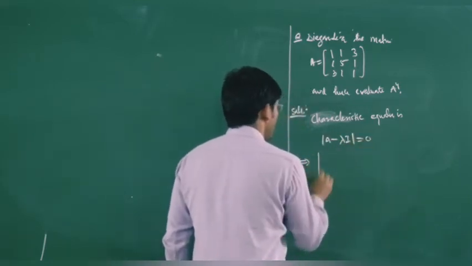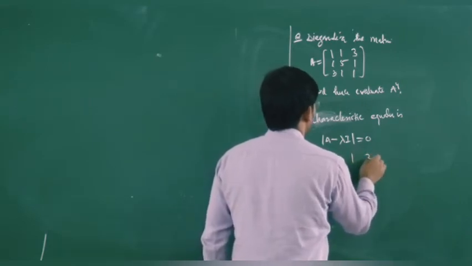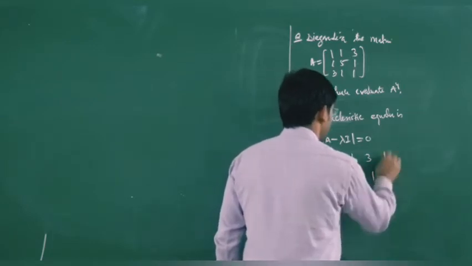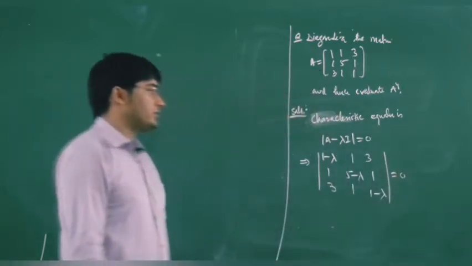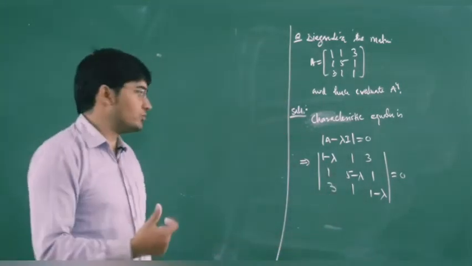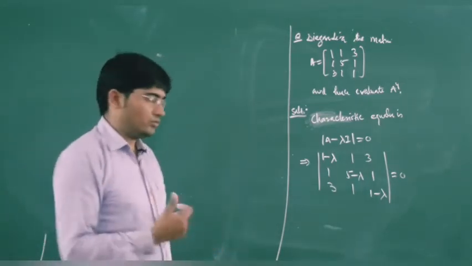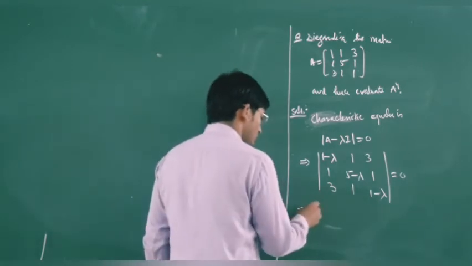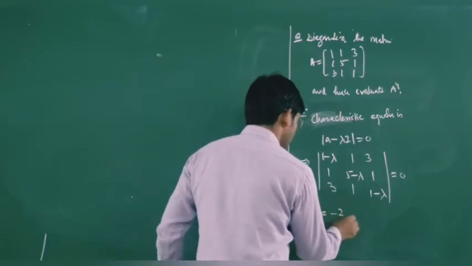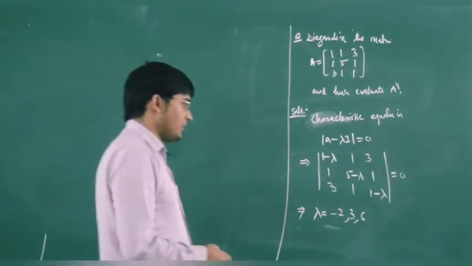So from here we have the matrix [1 minus lambda, 1, 3; 1, 5 minus lambda, 1; 3, 1, 1 minus lambda] equal to 0. This is your characteristic equation, and we have already the roots of this equation, the values of lambda, which were minus 2, 3 and 6. So your eigenvalues were minus 2, 3 and 6.